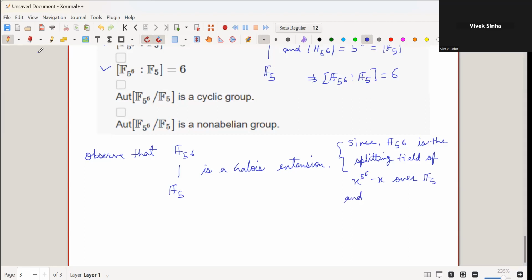So this is a splitting field, so normal is there, and this polynomial is separable because all of its roots are distinct, right? And even for a finite field, you have an interesting result that any finite extension of a finite field is separable.